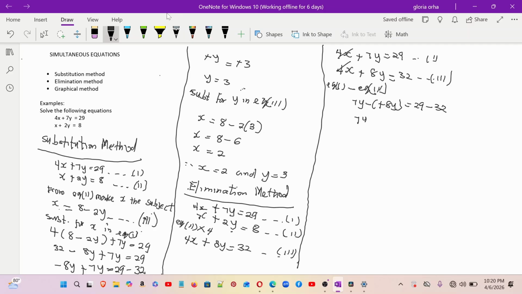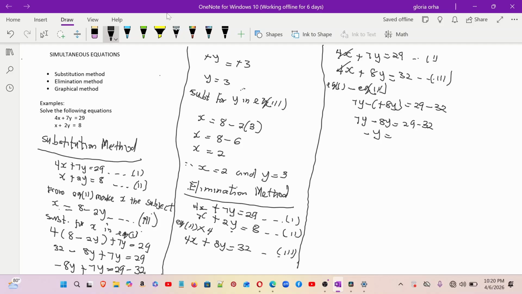Minus 8y equal to 29 minus 32. So 7y minus 8y will give us minus y equal to 29 minus 32, which is minus 3. So minus cancels minus. We are left with what? y equal to 3.